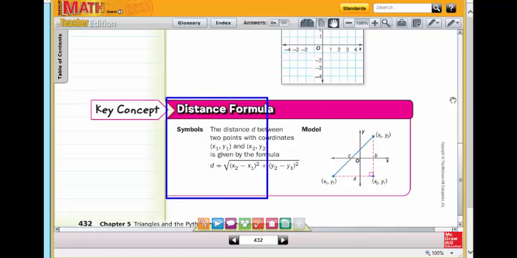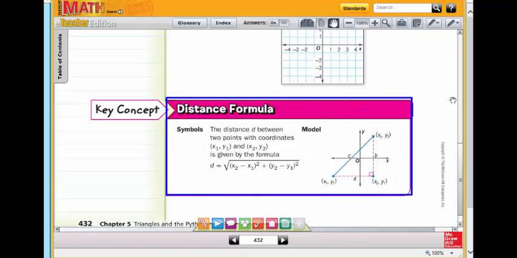Okay, we have a key concept here that is really very close to what I was just talking about up above. So let's take a look at this. The distance d between 2 points, so in other words, this right here, which is a hypotenuse, of course, the distance d between 2 points with coordinates x1, y1 and x2, y2 is given by this formula.